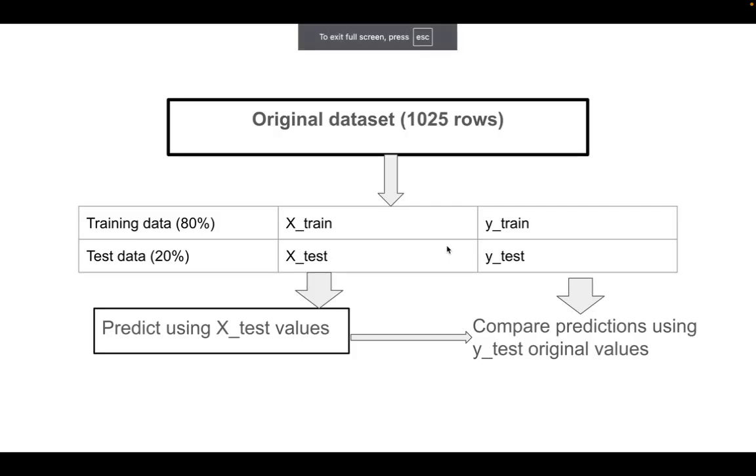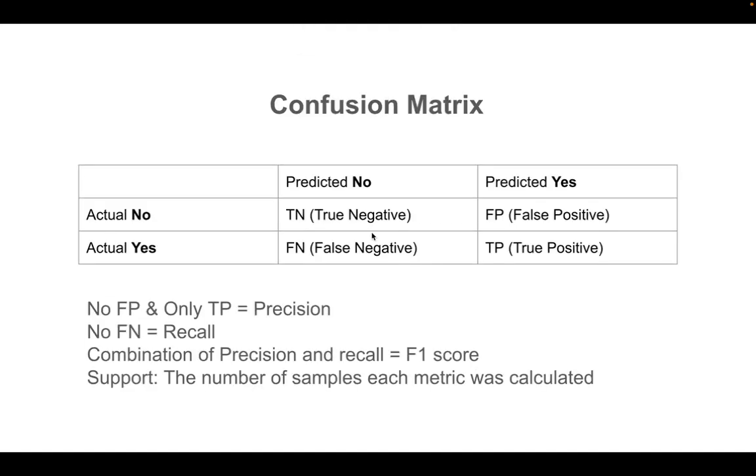So here you can see this one. Let's have a confusion matrix. Basically, I'm going to explain this in the later part of this video. For example, if the actual is no, the person has no heart disease, and the predicted is no, that is fine.